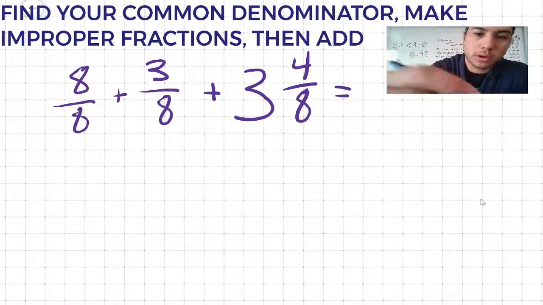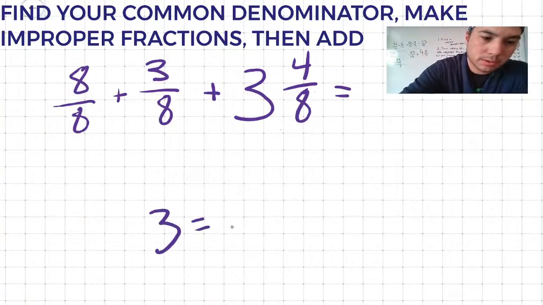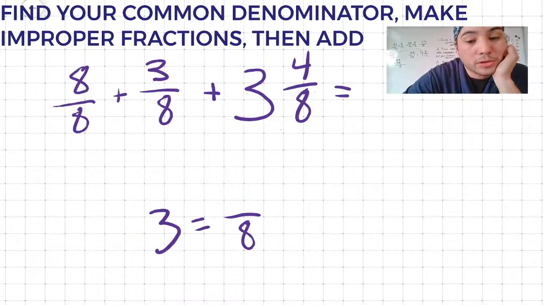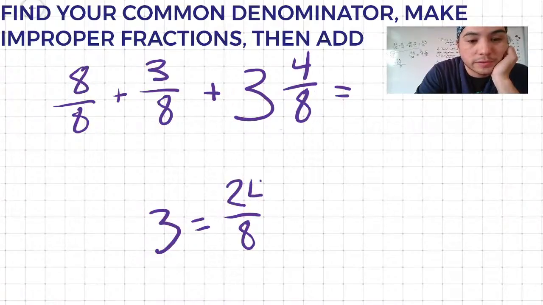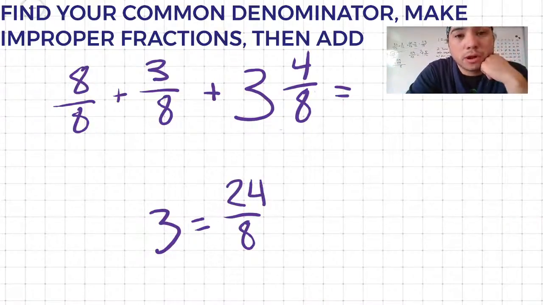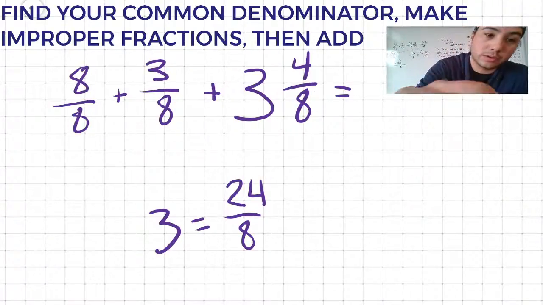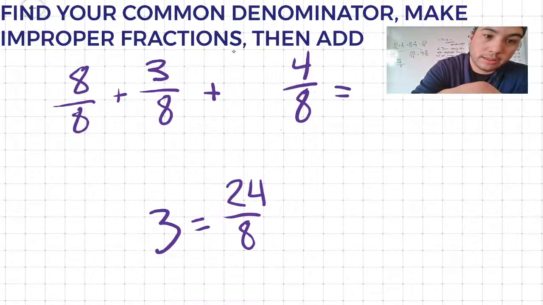We know 3 equals how many eighths? And remember, you can use multiplication for this. 3 times 8 is 24. And if you were to draw out 3 fraction bars, each cut into eighths, and then color in 24 pieces, you'd have a perfect fit. So our 3 is equivalent to 24/8.